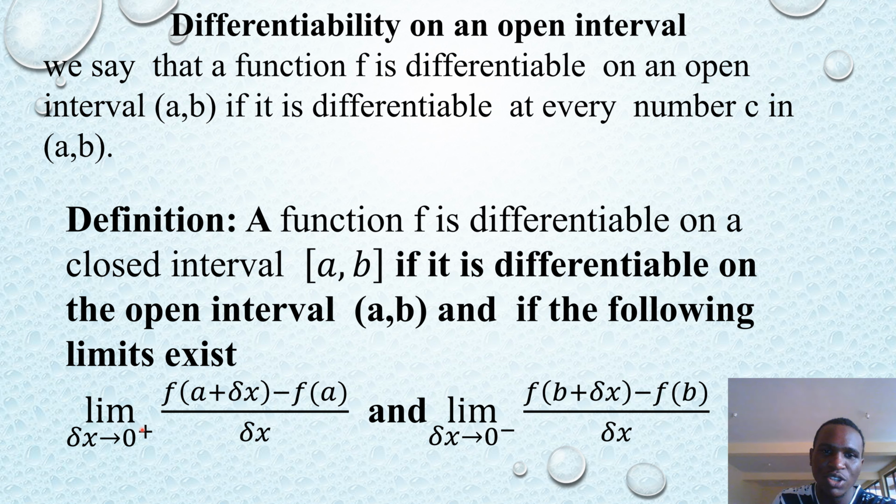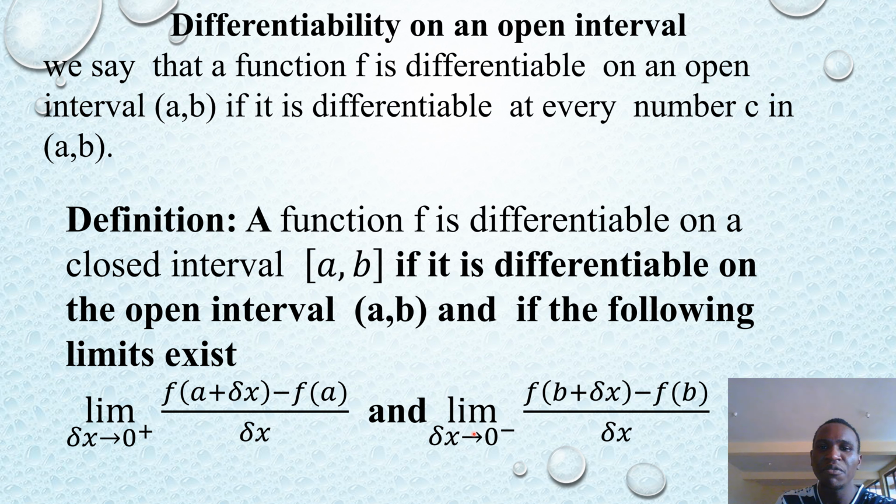And you should note here that this derivative is evaluated at the lower bound of this closed interval. You can see that clearly. The right derivative. Take note of it. If you interchange it, you get different results and you have the wrong interpretation.